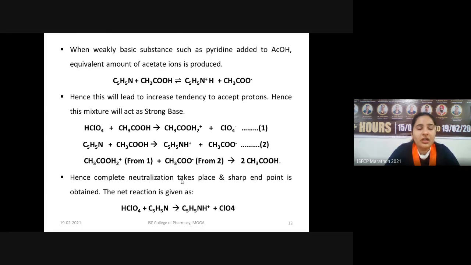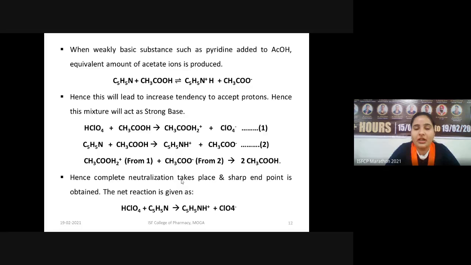Now, when we add a weakly basic substance such as pyridine, or we can estimate any other basic drug we want to estimate, for example I have taken here pyridine.